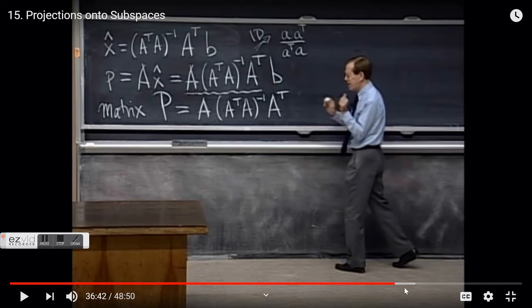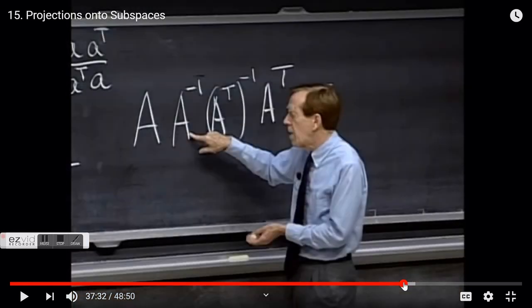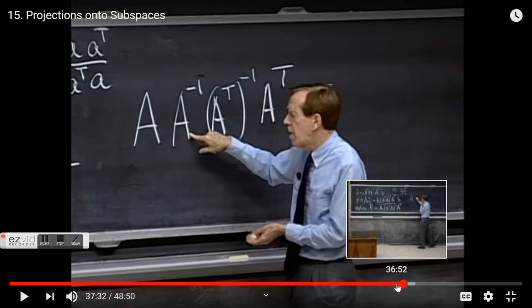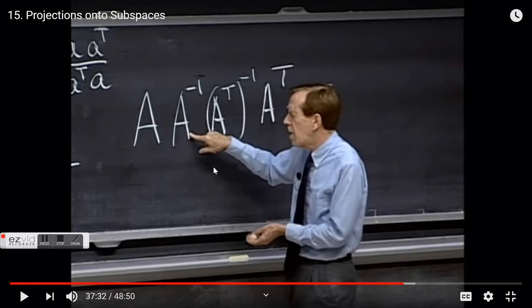Let's assume for the time being a very special case: your B belongs to the column space. Let's assume for a while that B is not something outside the column space. If it is in the column space, then what will happen? In this case, your projection matrix will become the identity matrix, because if you open up the inverse of A transpose A, your A matrix becomes A inverse times A transpose inverse.